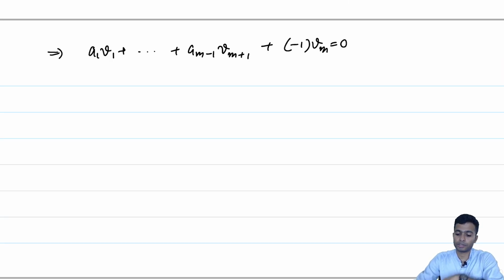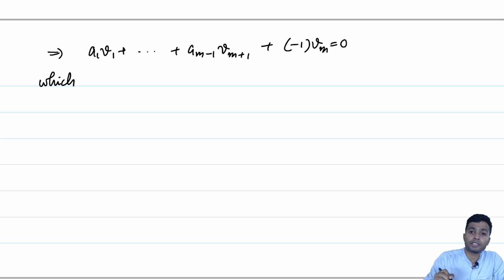But that is a contradiction, because this is a non-trivial linear combination of V1, V2 up to Vm, which means that L is linearly dependent.